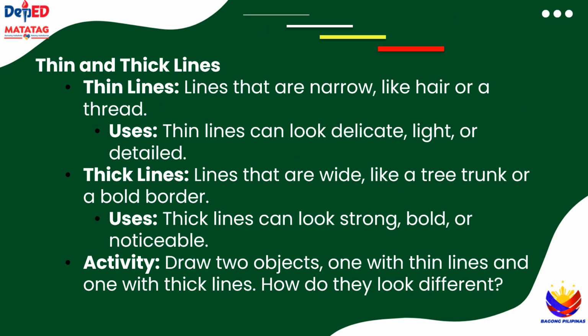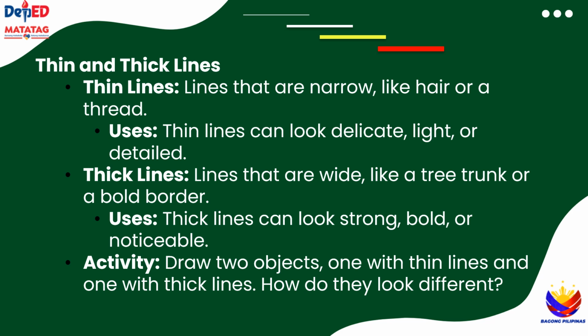Thin lines are narrow, like hair or thread, and can look delicate, light, or detailed. Thick lines are wider, like a tree trunk or a bold border, and can look strong, bold, or noticeable.